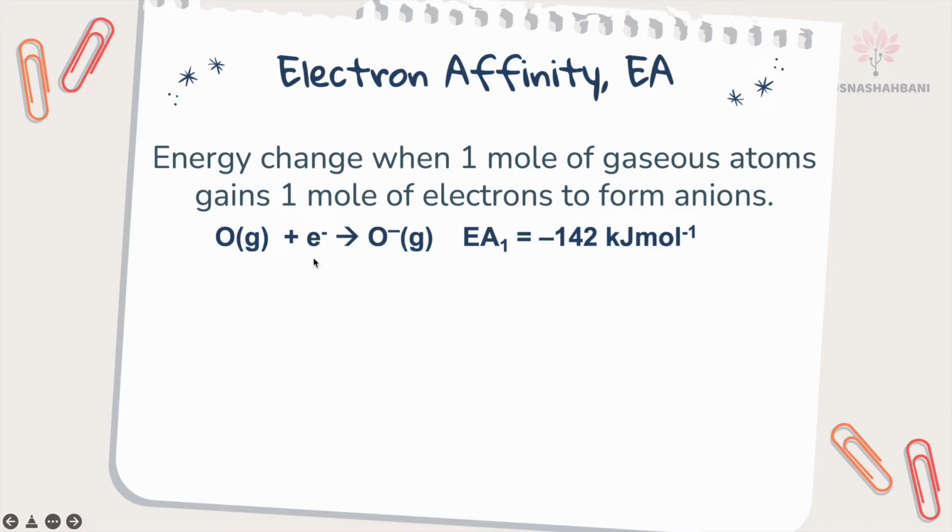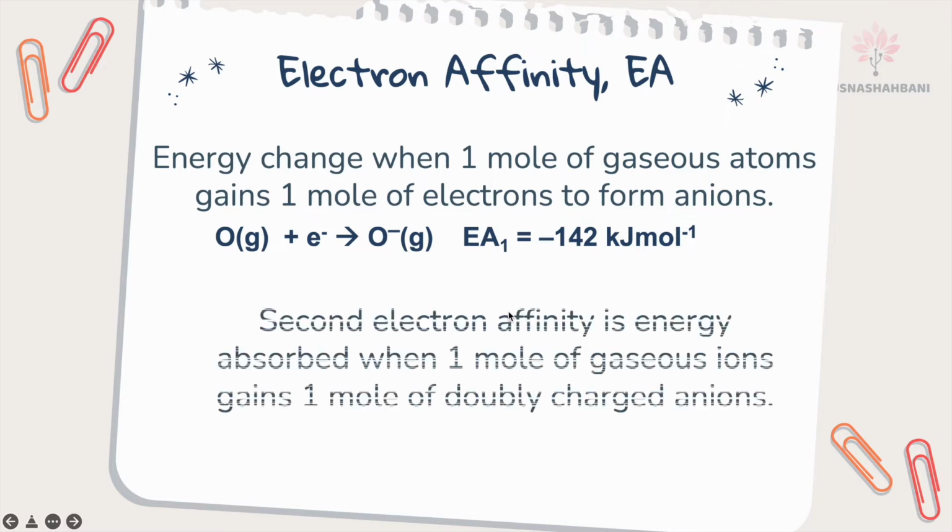So this is what we call electron affinity. When 1 mole of gaseous atoms gains 1 mole of electrons, that is electron affinity, the energy change when it gains an electron. So electron affinity is equal to negative 142 kilojoule per mole. It means the first electron affinity is an exothermic reaction.